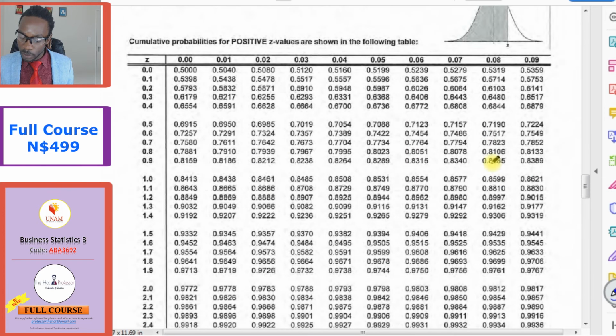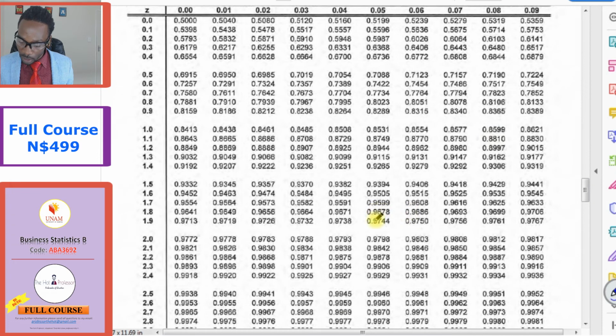So we're going to look for 0.985, 987, 984, 989, 985. There you are. As you can see, it corresponds to 2.17 this side.